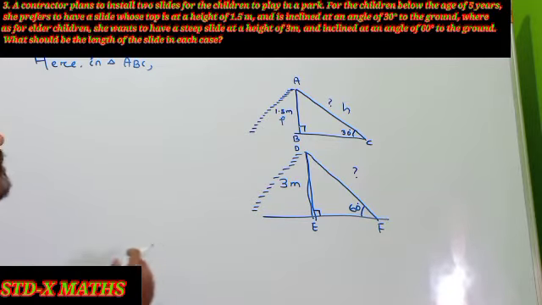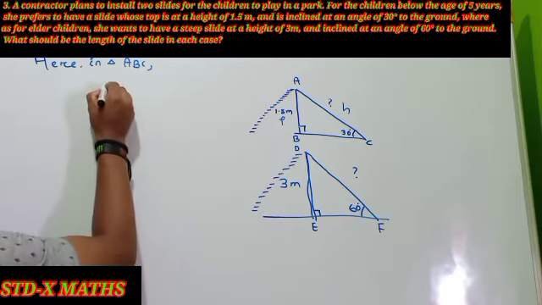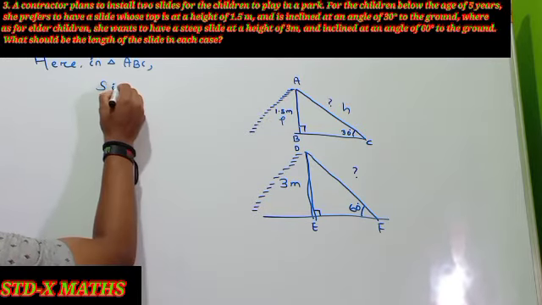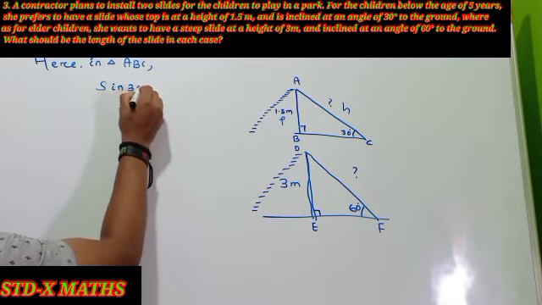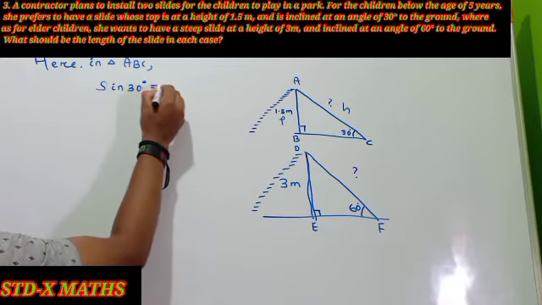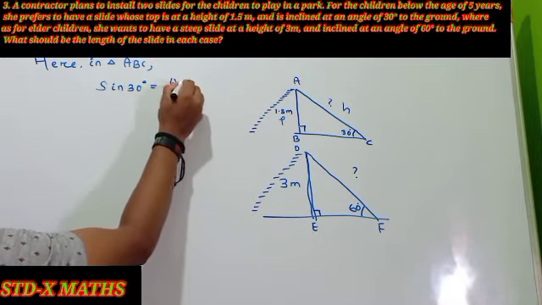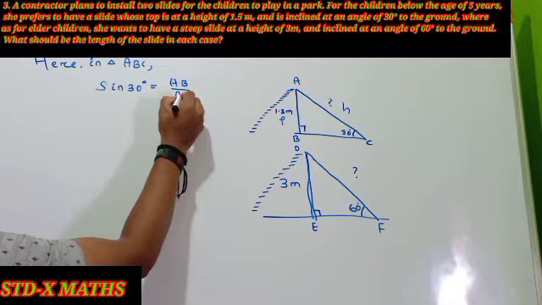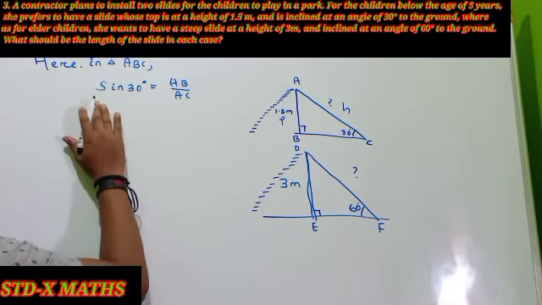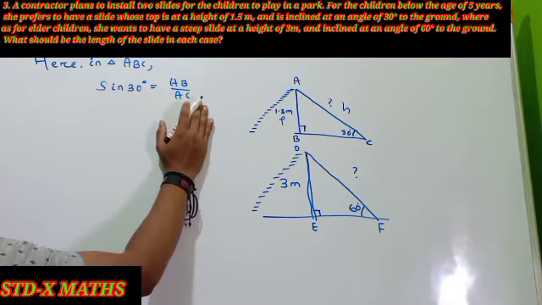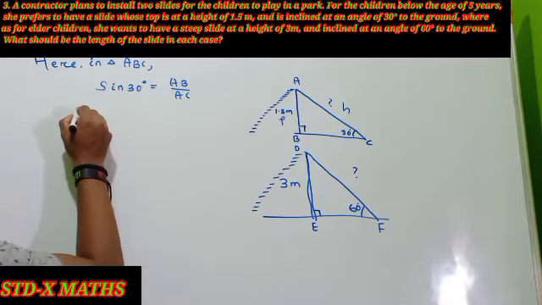Here I am comfortable using sine, so I write sine 30 degree equals AB divided by AC. It means sine is P divided by H.